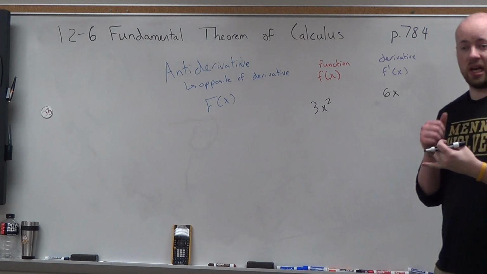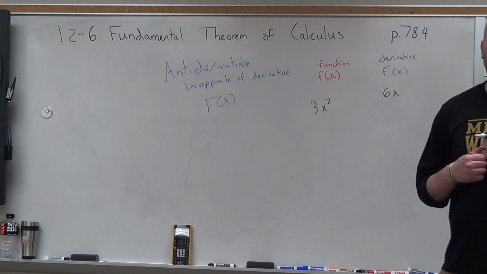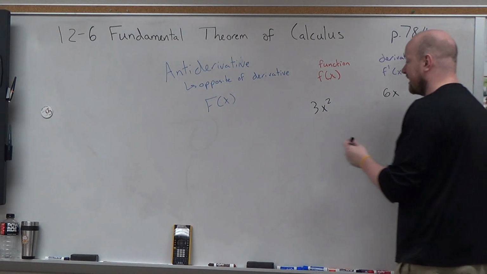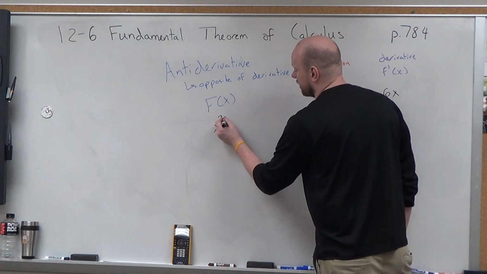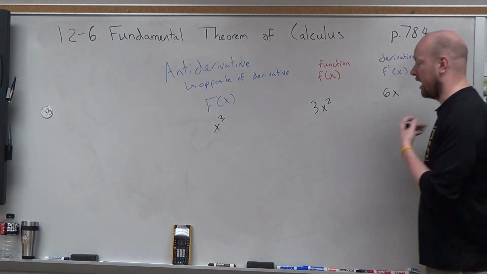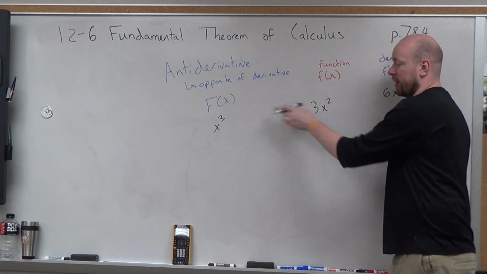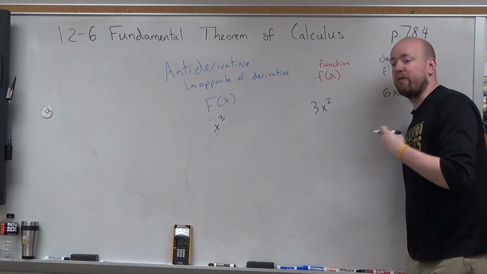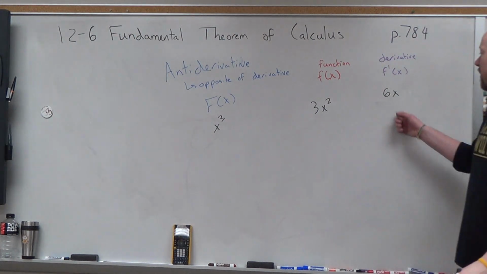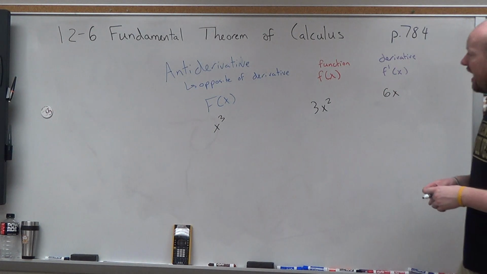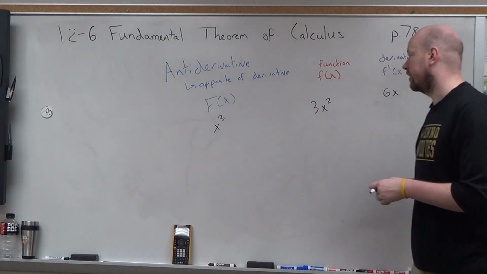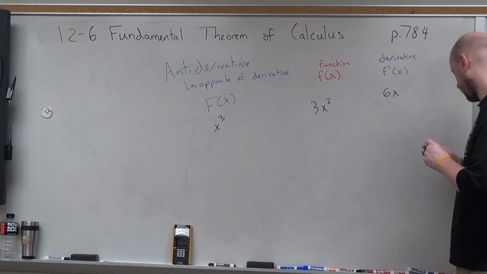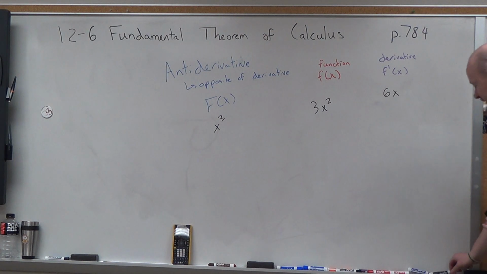My power goes up 1 and I have to divide by my new power. So my antiderivative in this case would be x cubed, because I would increase my power from 2 to 3, and then I would have 3 divided by 3 out front. I have to divide by my new power. Instead of multiplying, I'm dividing. So my antiderivative is the opposite direction. With that being said, let's do an example.